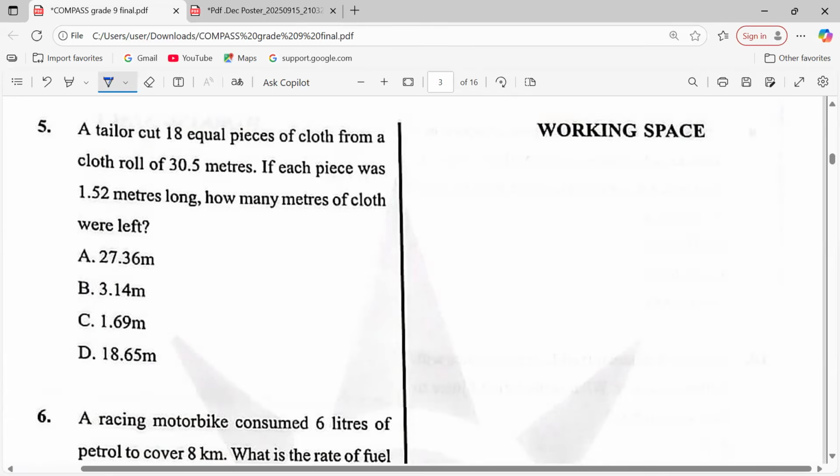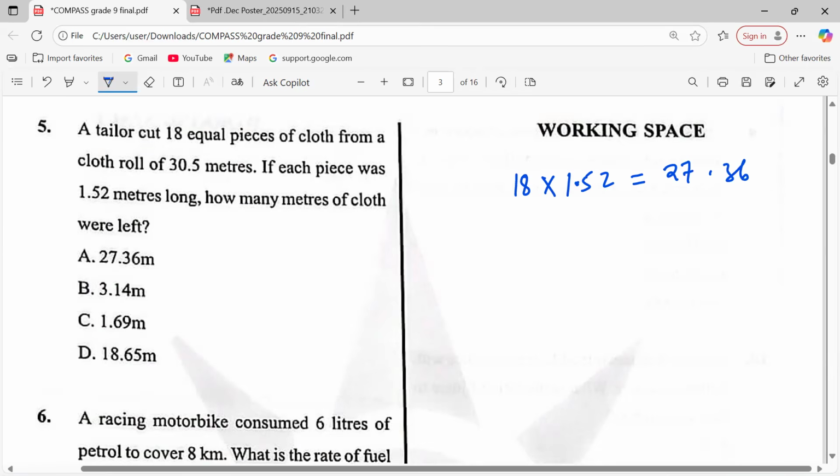So from this, we are cutting 18 pieces and each is 1.52. So we can check the length which was cut into pieces. This is exactly 27.36.